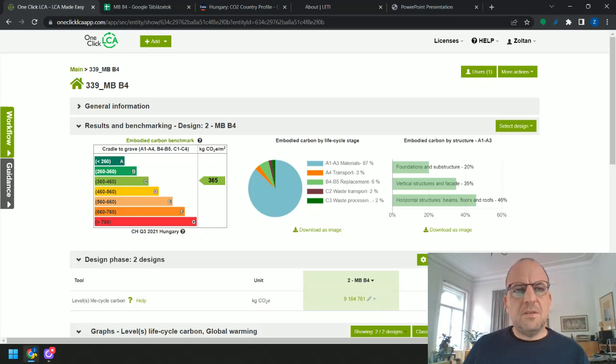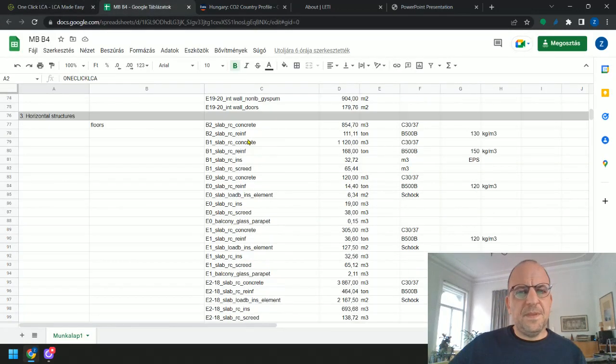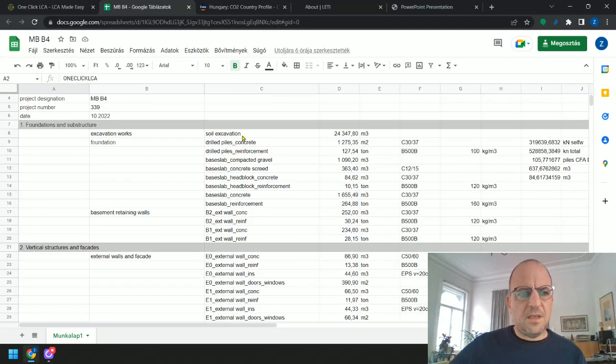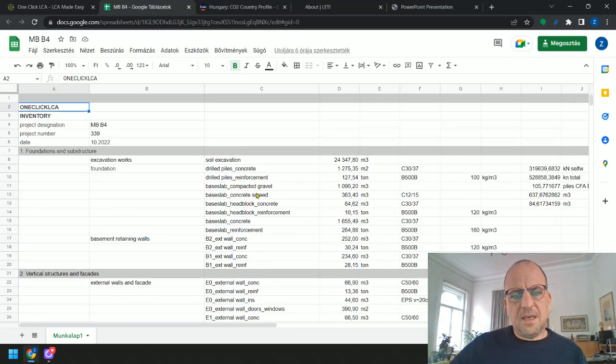So how did we do this analysis? First, we did an inventory in a spreadsheet. You can see here we have listed all the elements which are needed to construct this building, and we have the categories according to OneclickLCA.